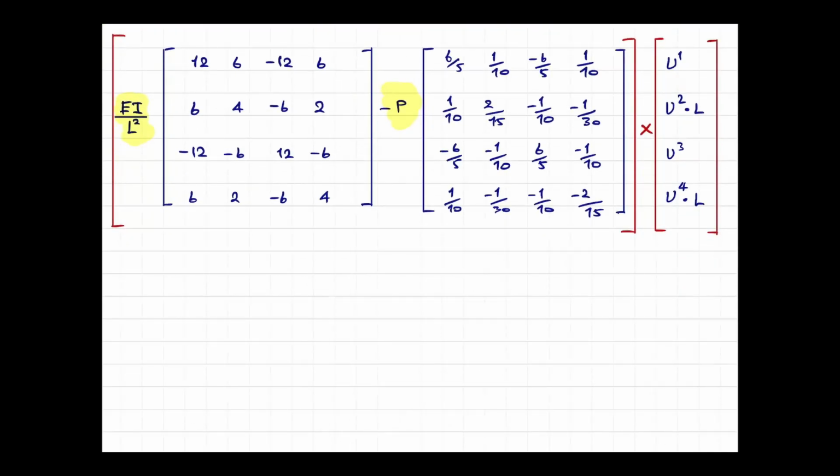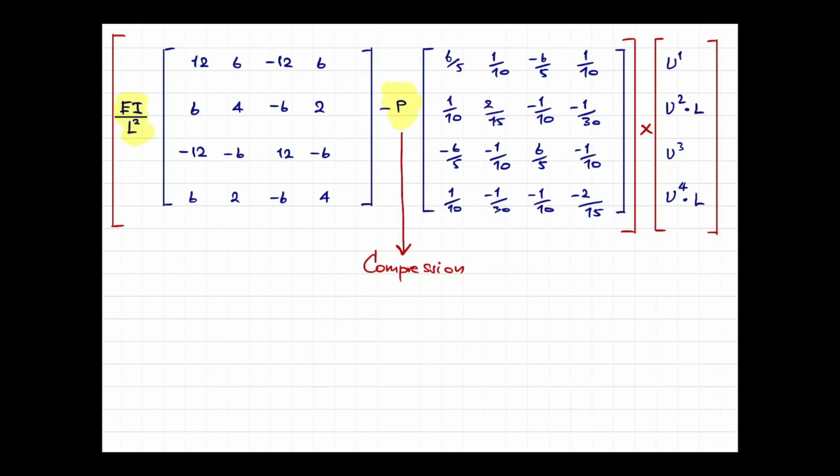For now, be careful: the sign convention for P is compression. That's why you have the minus sign in front of P. It takes care of P being the compression.